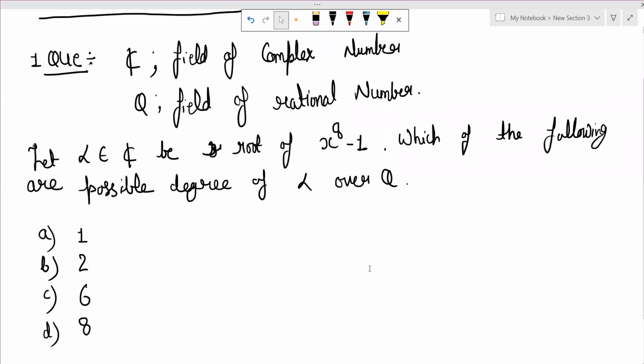The minimal polynomial is a monic irreducible polynomial. If it is reducible, then you can reduce it further. Minimal means least, so it is an irreducible monic polynomial. So is x to the power 8 minus 1 irreducible or not?